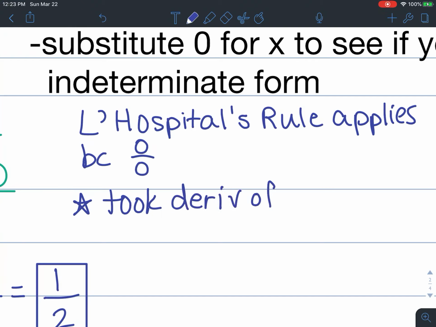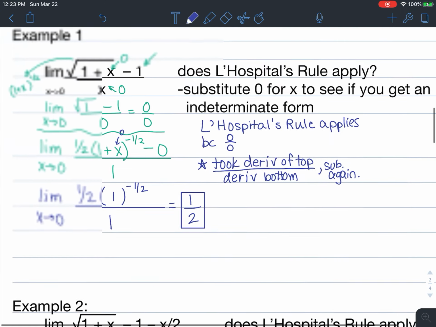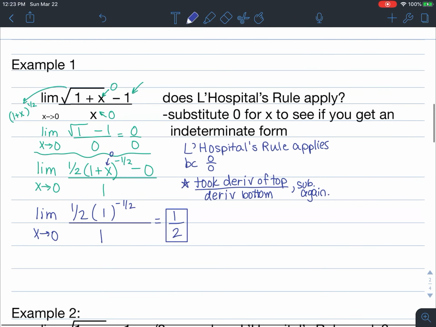We took the derivative of the top, the derivative of the bottom, and we substituted again. So the limit as x approaches 0 of this is 1/2.